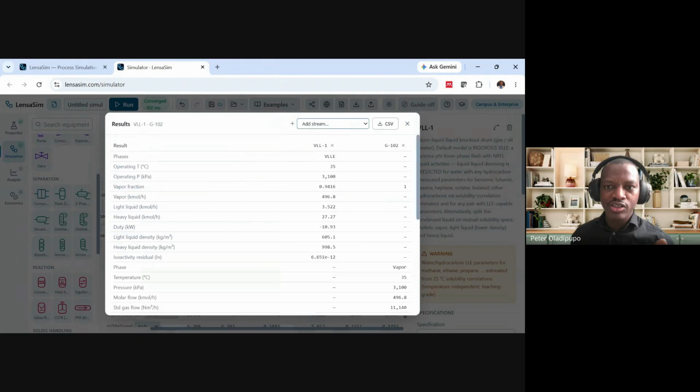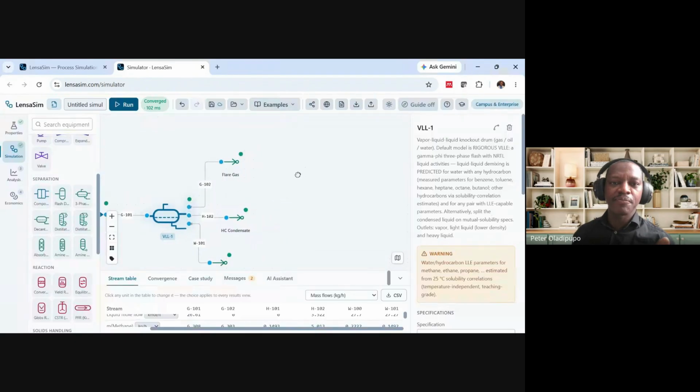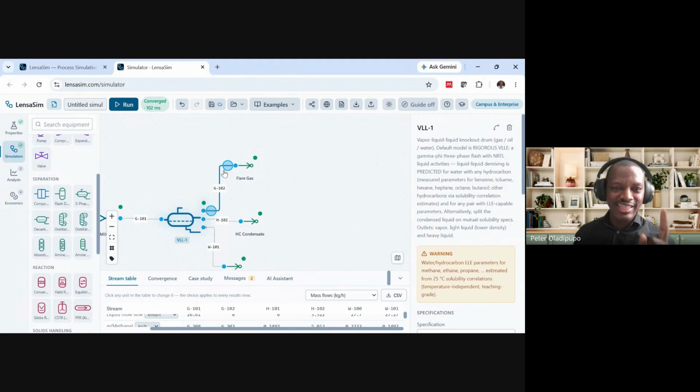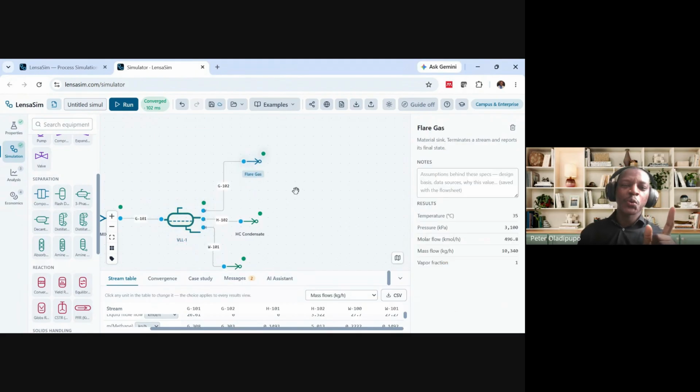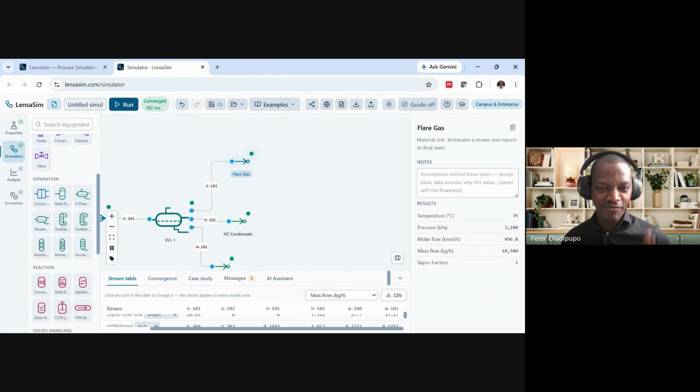See, vapor fraction is 1, entirely vapor, no liquid whatsoever. However, we are not yet done, because we still have water vapor within the gas, existing as a gas in the gas phase. Also, we have acid gases, H2S and CO2.